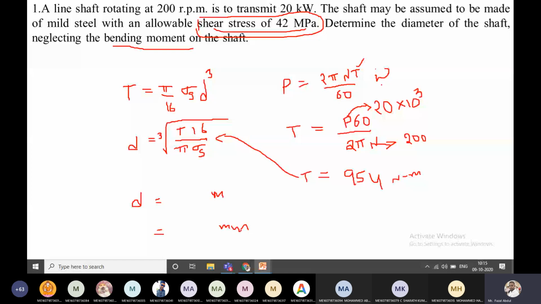Make it fast, you don't have time. D value is 48.74 mm. Very good, 48.7 mm. Is it right for all? Yes, sir.